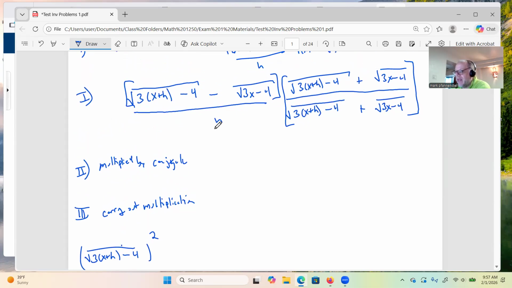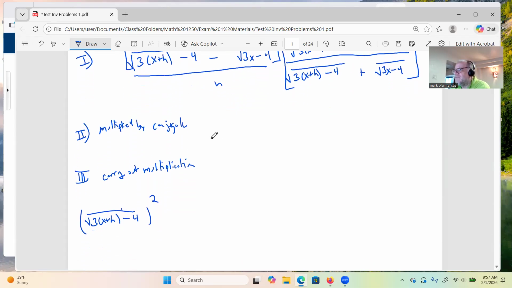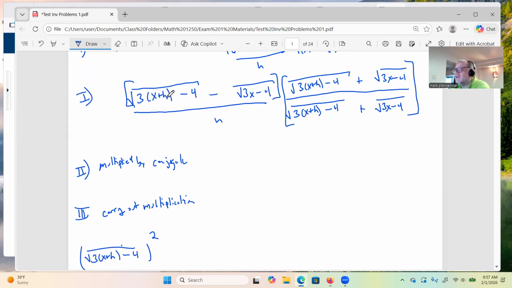Now we have our outers, so we did our first, and now we get our outers. So we're going to say plus the square root of 3x plus h, parentheses, minus 4, times the square root of 3x minus 4. These aren't the same.